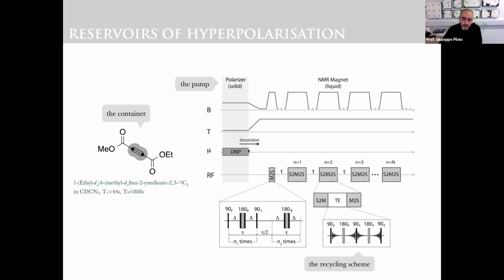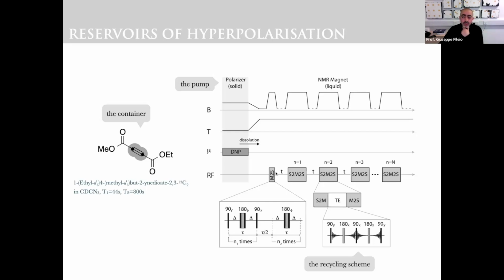So out of the dissolution DNP machine, you take the order into singlet order, and now it could live up to half an hour or more. And obviously, you have time to wait and do whatever you want to do with your sample. And at some point, you would like to detect. And the detection, obviously, is the step which could, in principle, kill the signal.